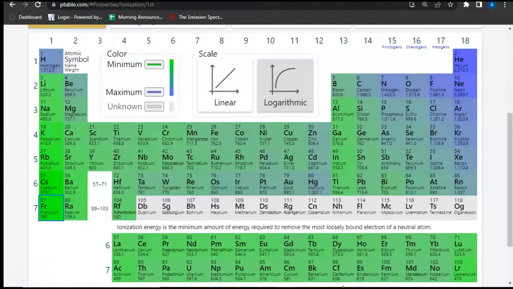There's an effect that all the inside energy levels keep the nucleus from holding on to that electron as strongly as it could. So, again, the reason it does increase as we go across, we're not changing energy levels as we go from potassium to krypton, for instance. Krypton just has the same energy level, but more.